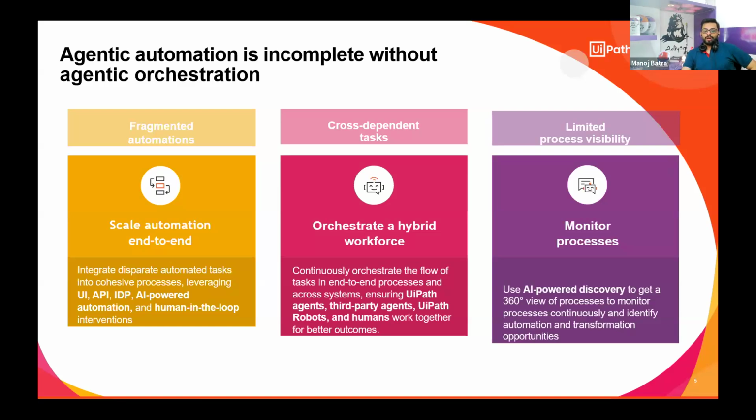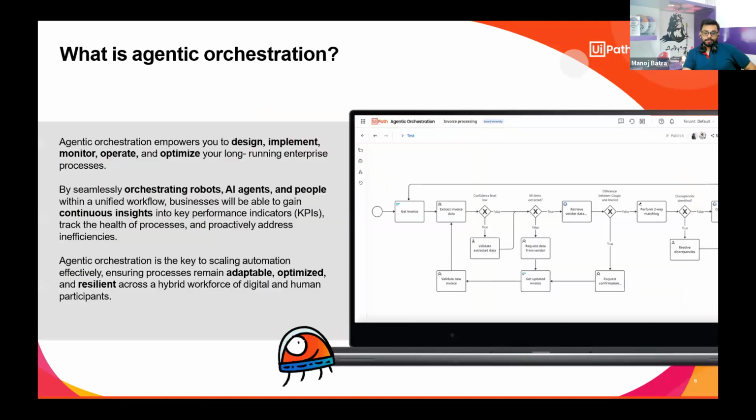Moving on to the next slide. So I've talked a lot about agentic orchestration. Now you might ask, what exactly is agentic orchestration? Agentic orchestration here means managing the entire life of a process from start to finish by connecting your human plus your digital team, robots, agents, people, and other AI bots, or it could be any other thing.